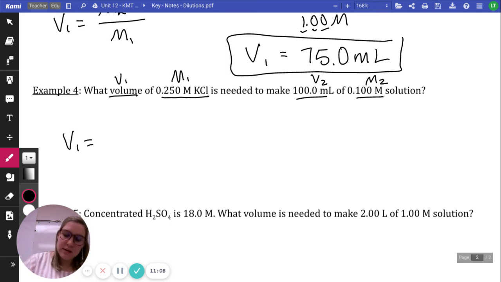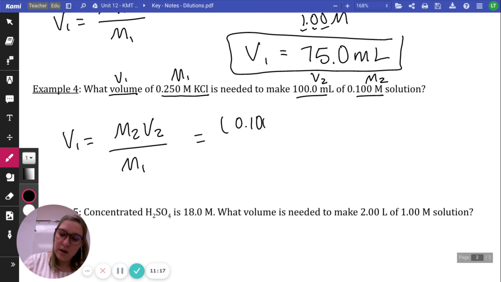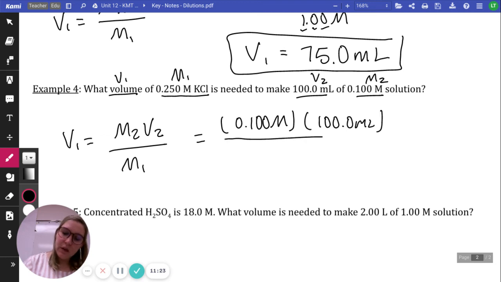So V1 is equal to M2 V2 divided by M1, and I'm just going to plug in my values. So 0.1 molar times 100 milliliters, all divided by 0.25 molar solution.